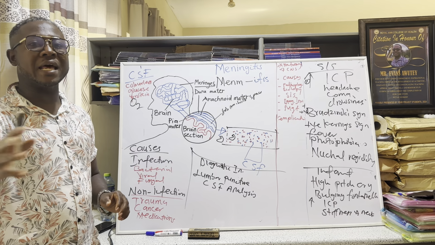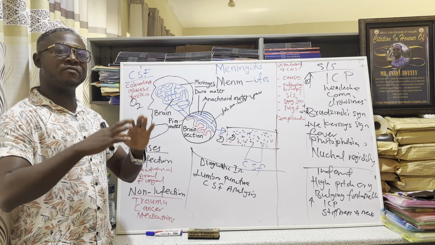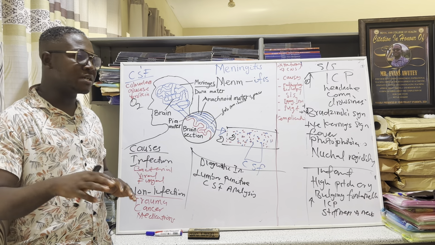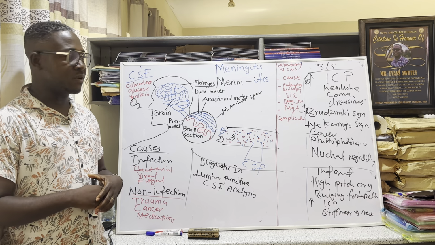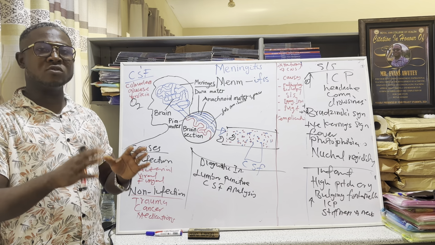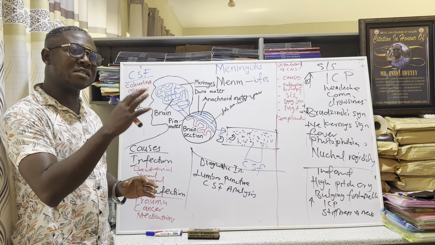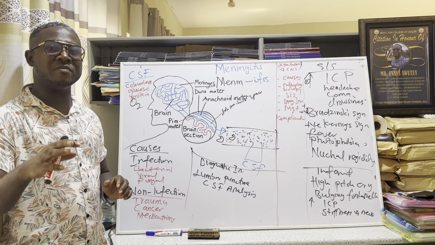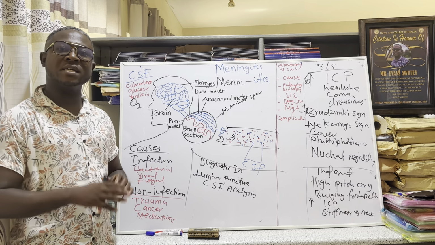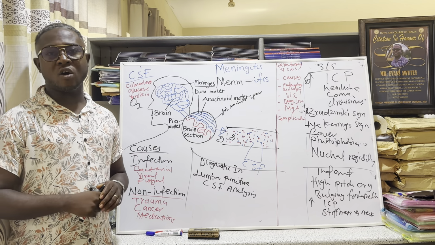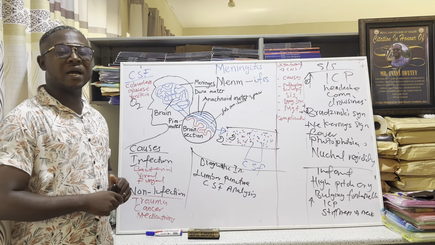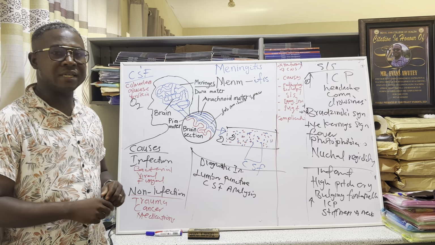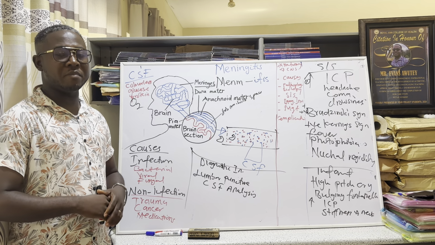Viral meningitis does not change the color of the CSF. So one of the ways you can know if it is bacterial or septic meningitis is the color of the CSF. If it changes from colorless to cloudy, then it becomes what? A bacterial meningitis.